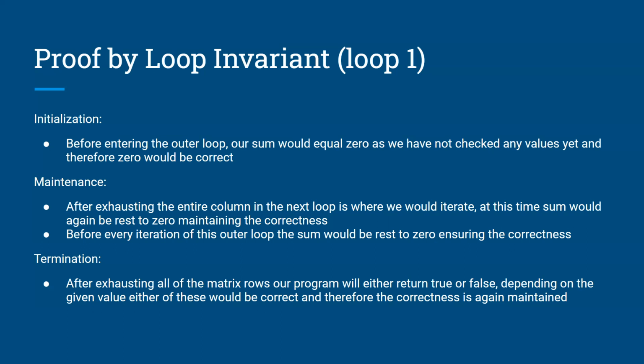Termination. So for terminating this loop, after exhausting all of the matrix rows in our program, which is what this particular loop does, we will either get a return true or false, or sum will be zero. Depending on the given value, either of these would be correct, and therefore the correctness is again maintained.